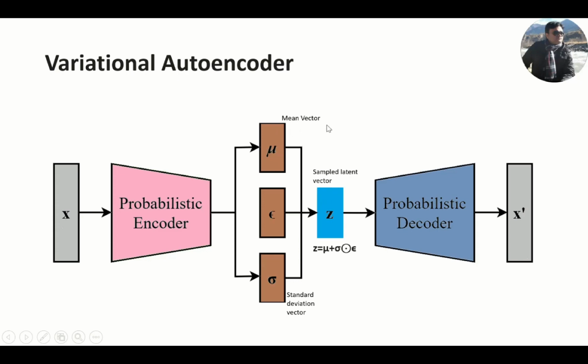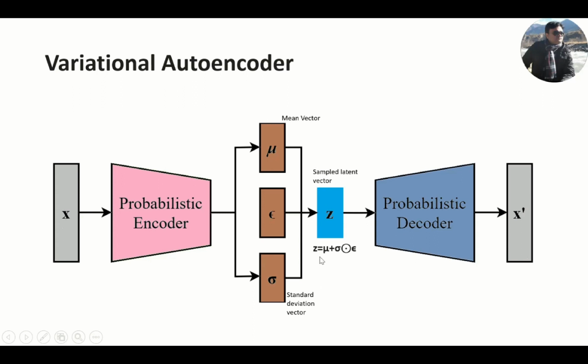So mu is the mean vector, sigma is the standard deviation vector, and epsilon, as we said, is a random noise to manage the randomness of the sample latent vector.